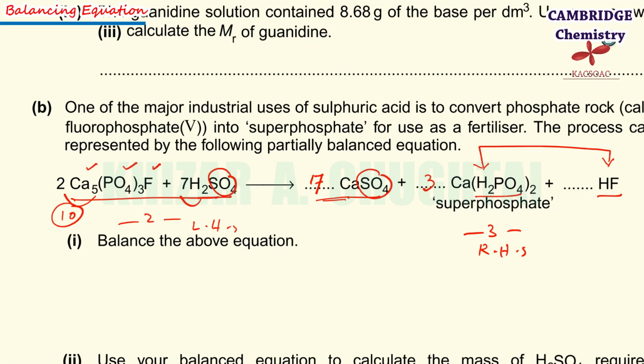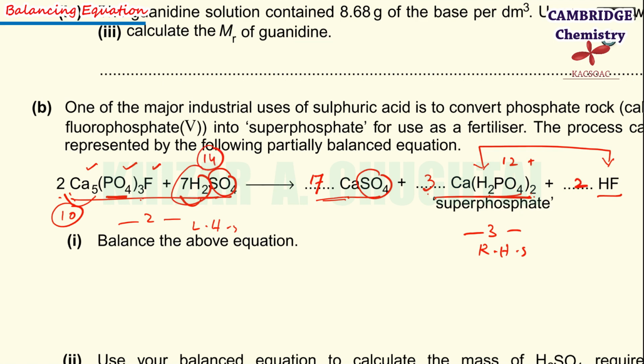Now come towards the phosphate group, PO4 thrice into 2. 3 2s are 6 PO4, and again 3 2s are 6 PO4, so they are balanced. Here is the hydrogen, that is equal to 2 2s are 4, 4 3s are 12. 12 hydrogens are there. This compound contain 12 hydrogens. Here is the hydrogen, that is equal to 14.